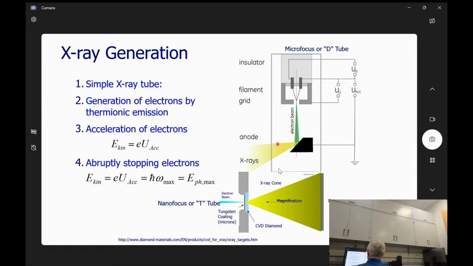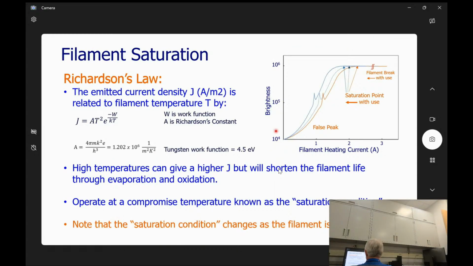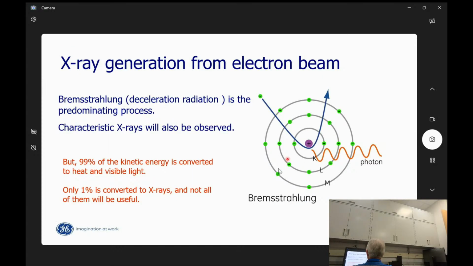I'm going to have less X-rays, but more energetic overall, and then more X-rays, but on average, less energetic on this side. So how do we make the X-rays? I'm not going to cover filament saturation right now. That's with the filament instruments. But we're going to generate X-rays either by Bremsstrahlung or deceleration radiation. That's where the electrons coming in are slowed and emit.